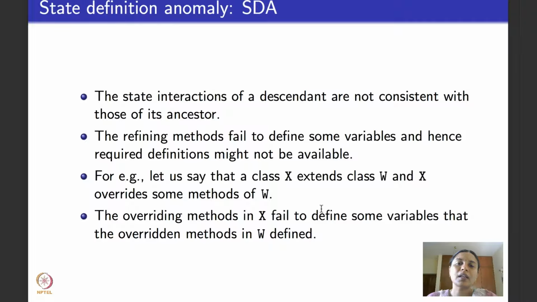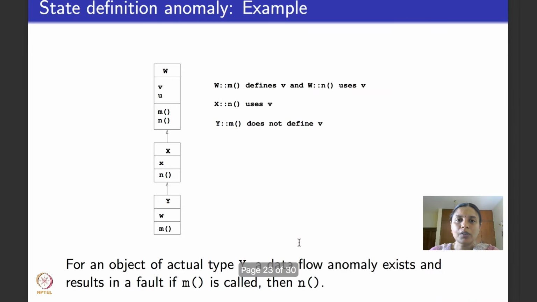Let's say there is a class X that extends W, and along with extension X also overrides some of the methods of W. The overriding methods in X fail to determine some variables that the overridden methods in W actually define. Here is an example.